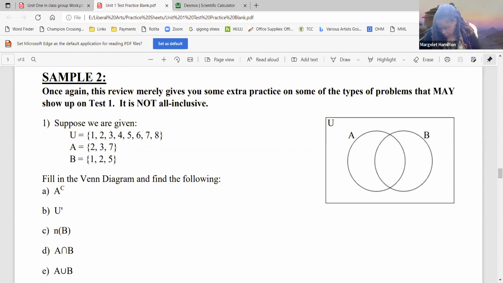Okay. Should be moving good now. How many of us have made it to number 4 now?